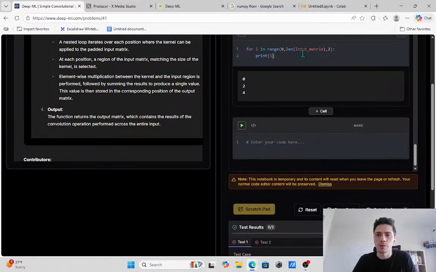In my input matrix, if I go 2 by 2 by 2, 0 by, I go 2. So if I want the bottom left, it would be 0 by 2, comma.